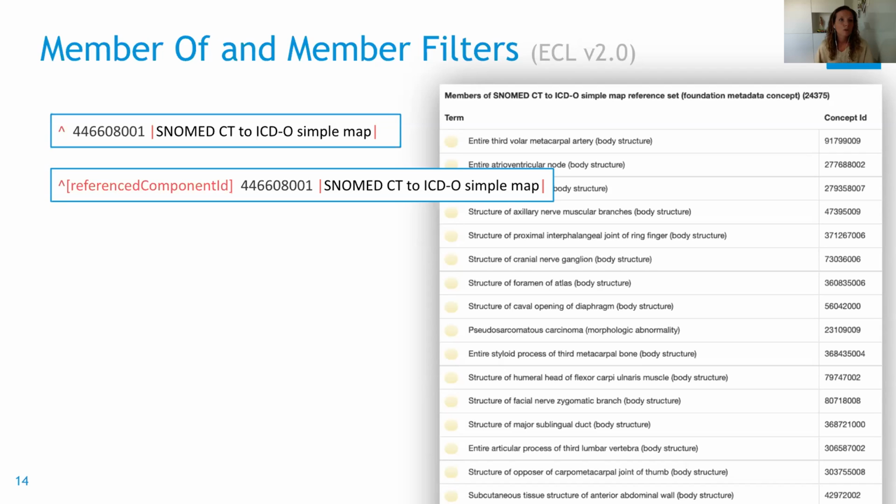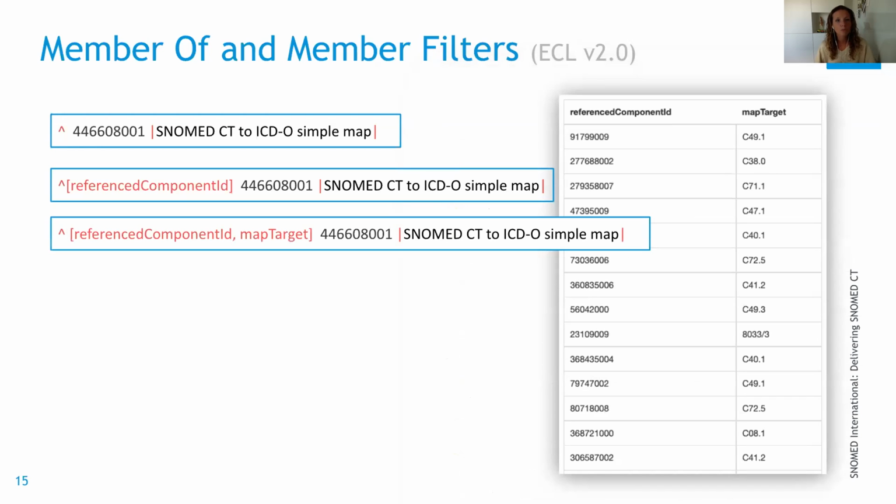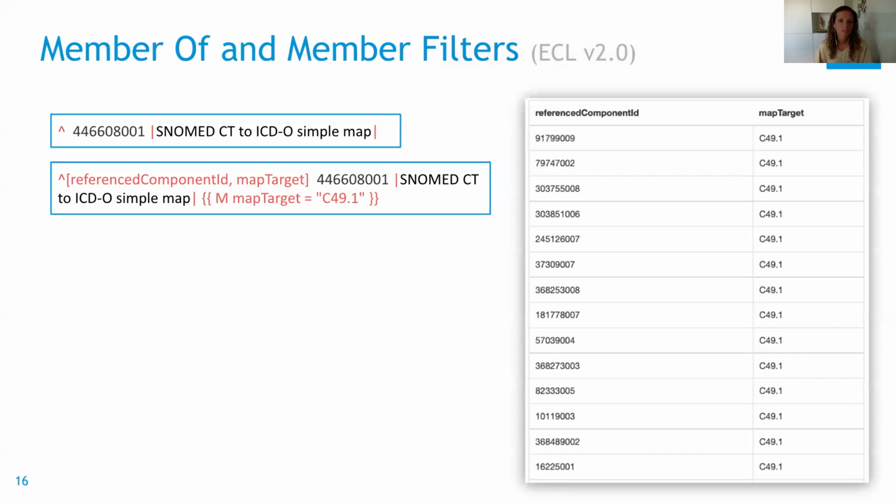But in version 2.0, we are now able to return the value of other fields in the reference set too. So for example, you can now specify that you want the values of the reference component ID field and the value of the map target field. So as shown here, this will give you an overview of both the source and the target of the map.